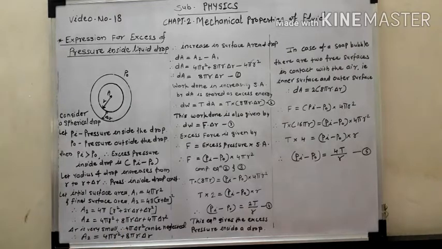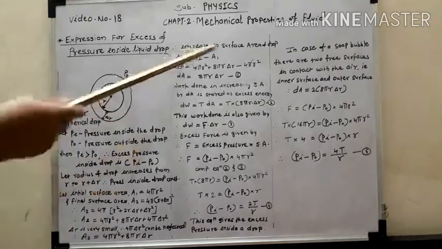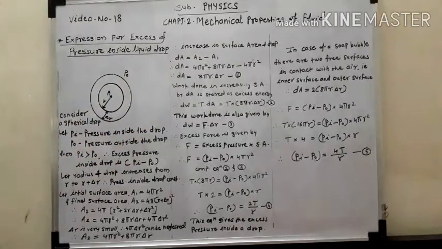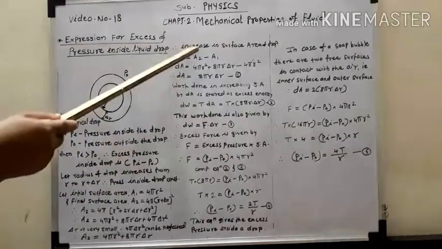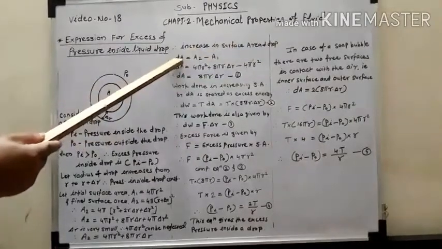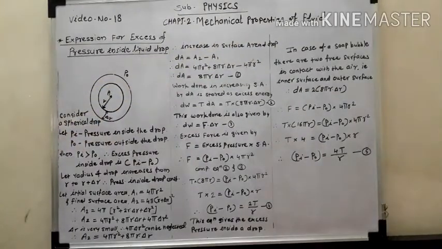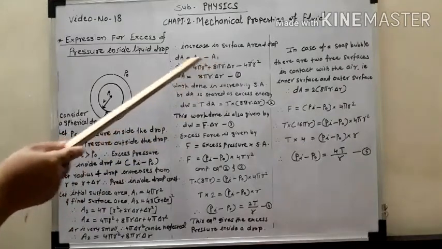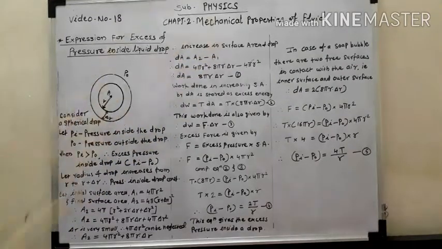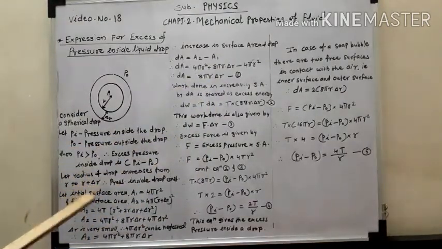This is A2. Now we have to find the increase in surface area of the drop, denoted by dA. So dA is equal to A2 minus A1. A2 is 4 pi r square plus 8 pi r into del r, minus A1, the initial surface area, which is 4 pi r square.